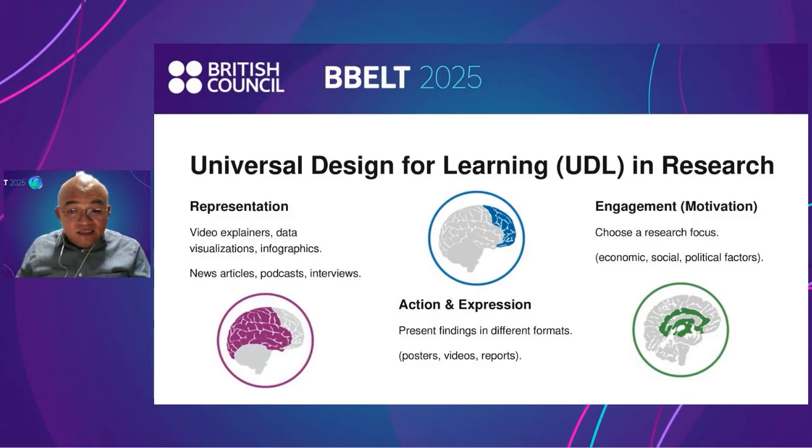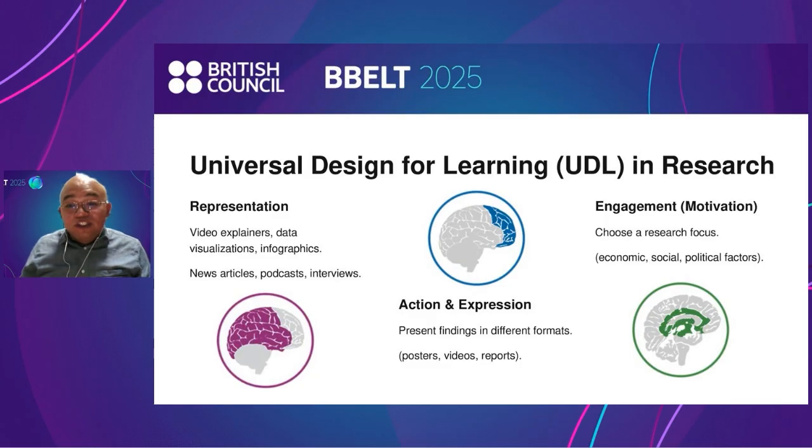On the other hand, we also have different or multiple ways of expression, which is allowing them to show what they are learning. And that is kind of the hardest part because as a teacher, we feel that it's necessary that they get into a box in which they show us exactly what we are expecting.